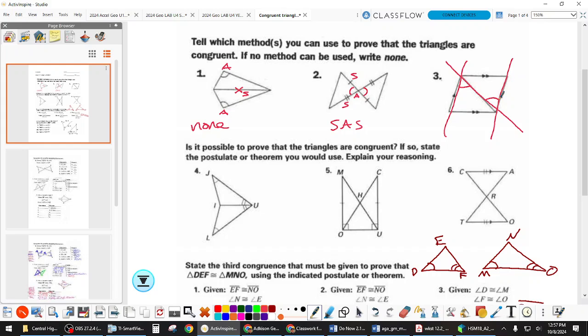Okay, these kind are really good for training for proofs because that might be all you're given. Like if we had names like A, B, C, D, I might say AB parallel to DC and AD parallel to BC.